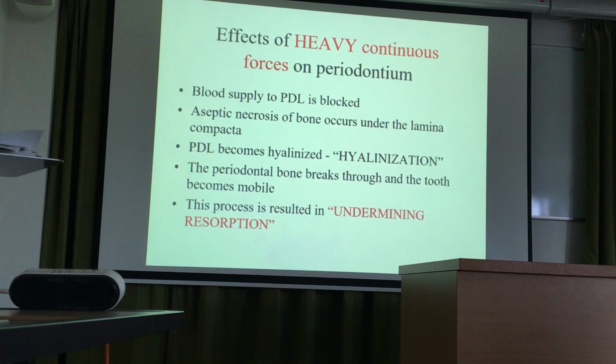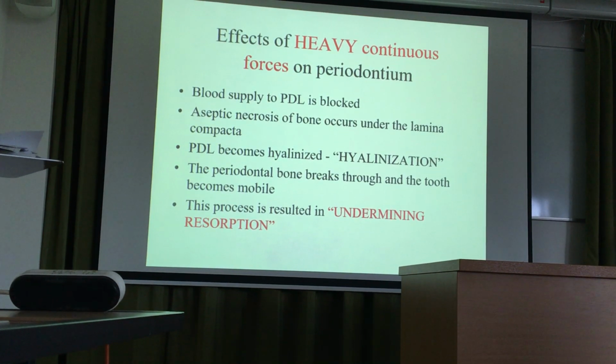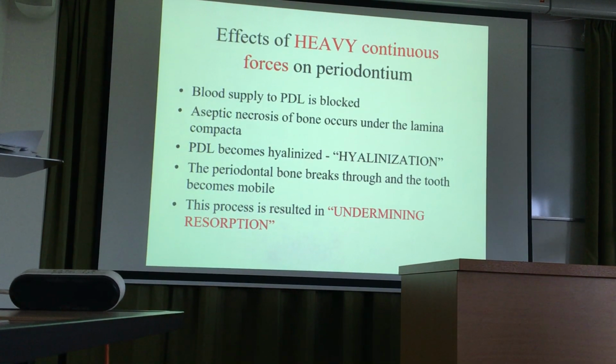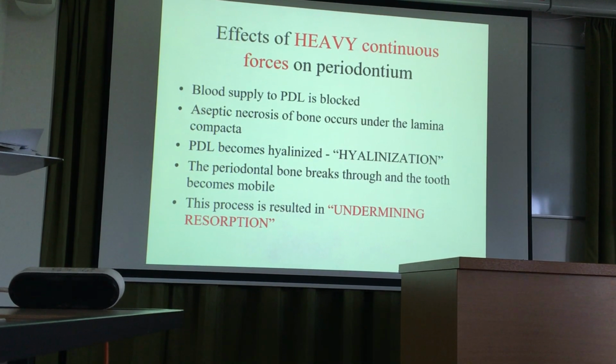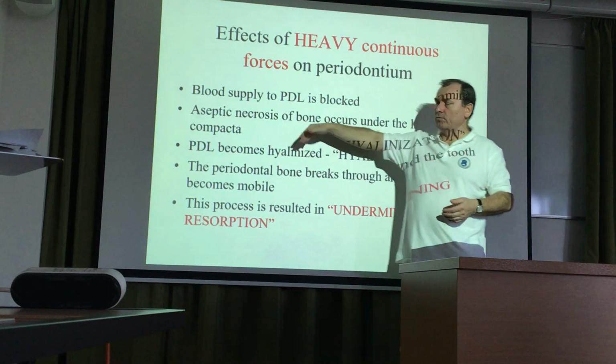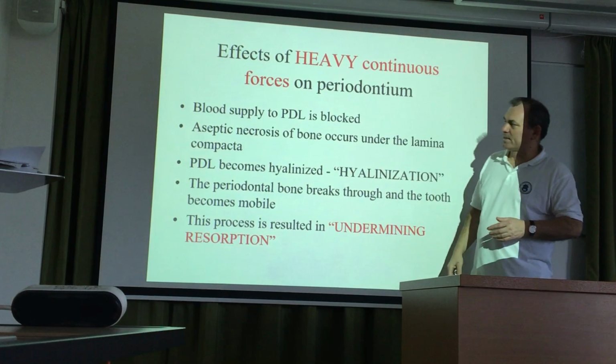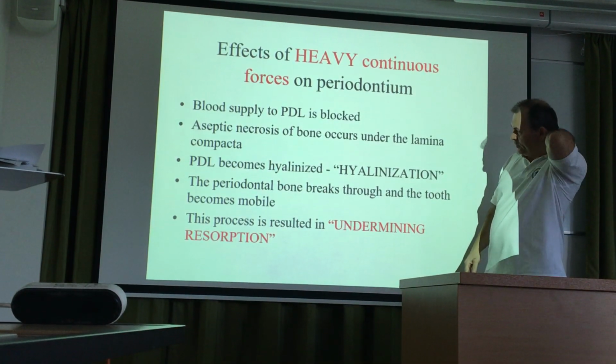Of course it is bad, pathologic. So you shouldn't block the PDL with forces, because when you don't have blood supply, the cells will die on the side. And the result will be necrosis, aseptic necrosis. Just the pressure can cause aseptic necrosis without bacteria.